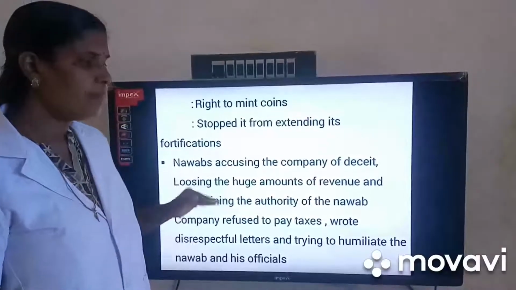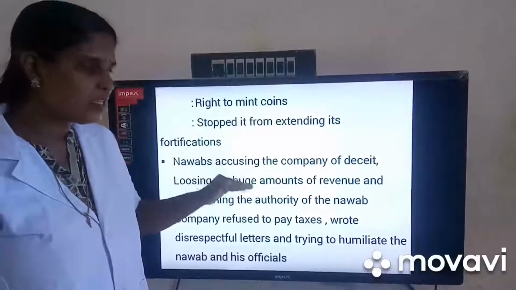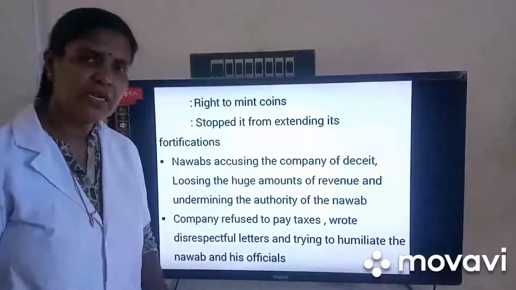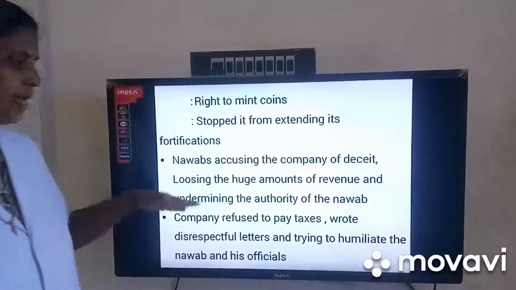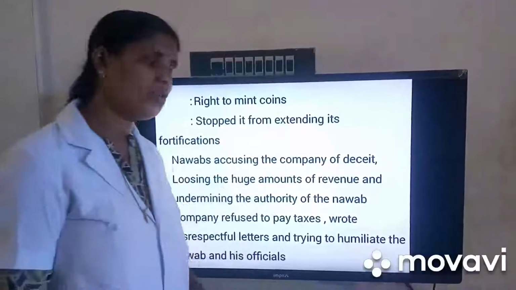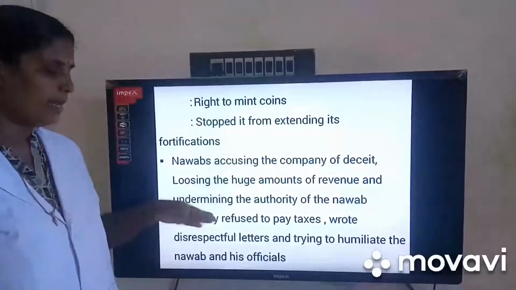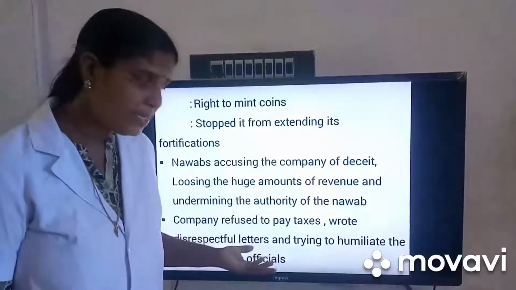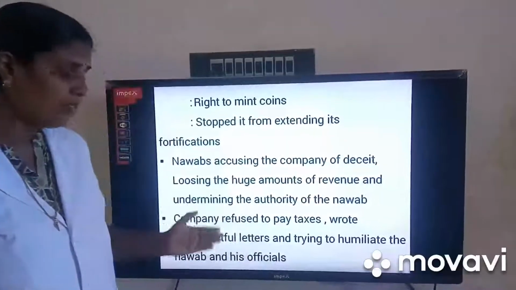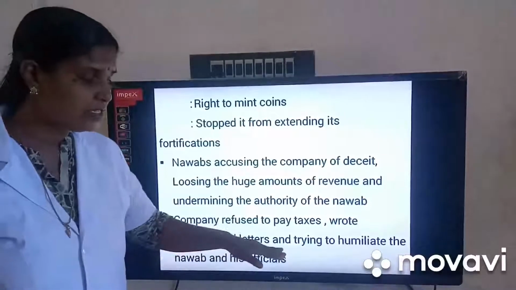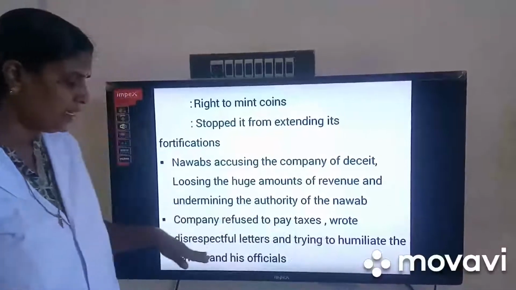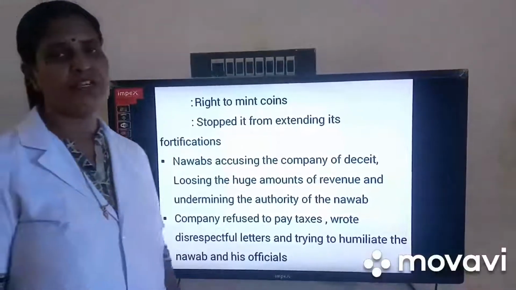At the same time, this caused the loss of huge amounts of revenue, and undermined the authority of the Nawab, not giving any respect to the Nawab. The company refused to pay the taxes and wrote disrespectful letters, trying to humiliate the Nawab and his officials.